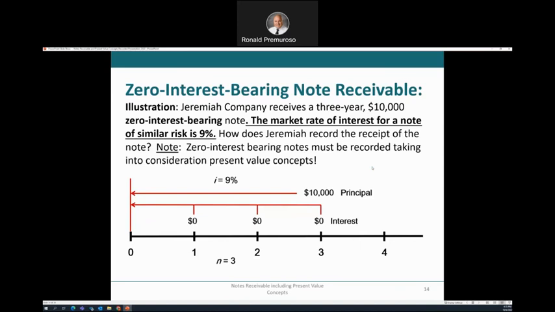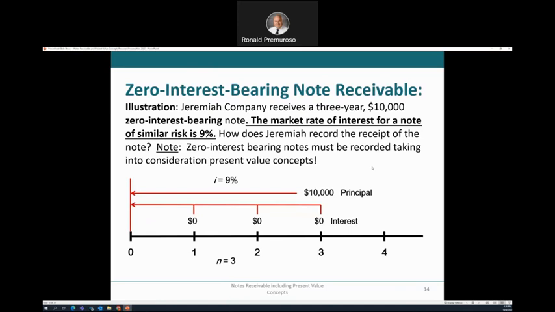Since there's no interest included in the note agreement, what dictates the accounting here for a zero interest bearing note is what is the market rate of interest for a note between two similar parties with similar risk. And you can see on slide 14 that interest rate is 9%.